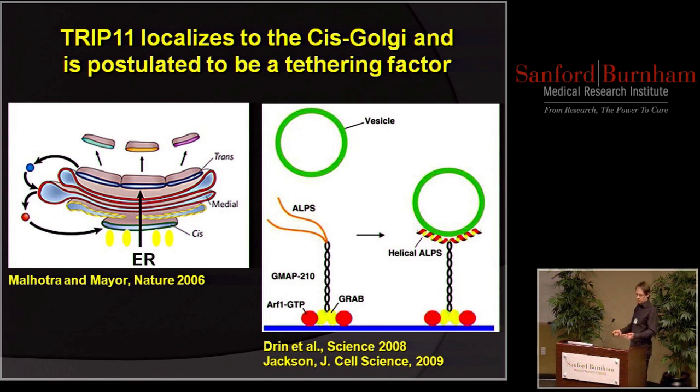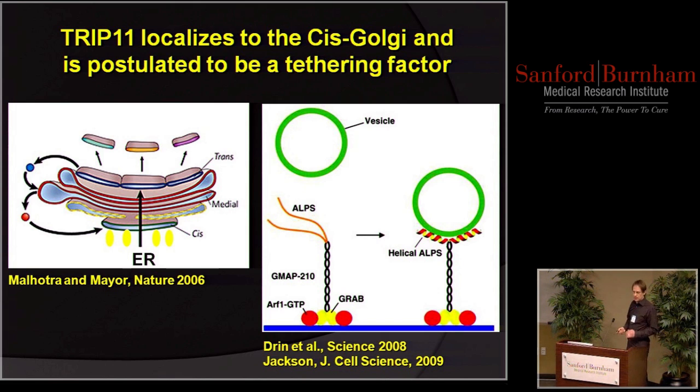So this would mean transport vesicles that are coming from, in this case, the ER. So it would then bind these vesicles and then help in the fusion of these vesicles with the membrane of the Golgi.